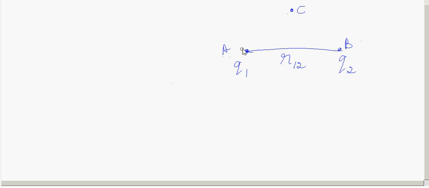Consider point C such that the distance between A and C is R13 and the distance between B and C is R23. So consider point C as shown in the figure.